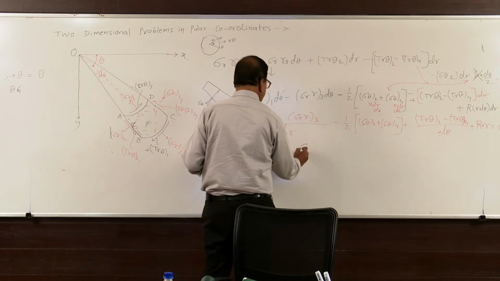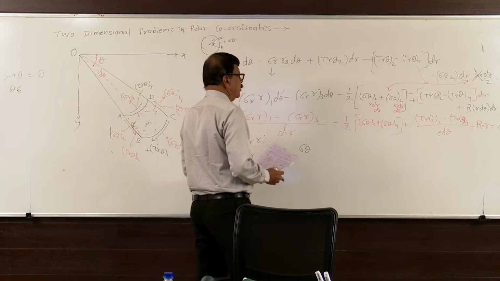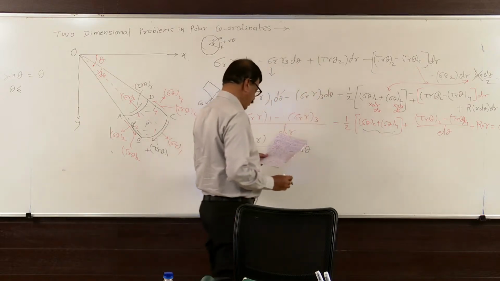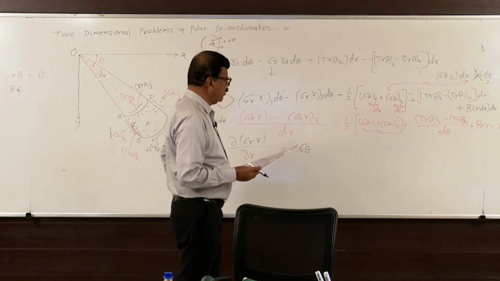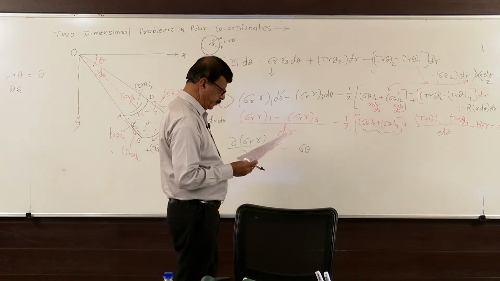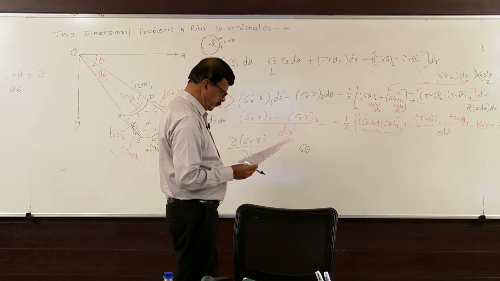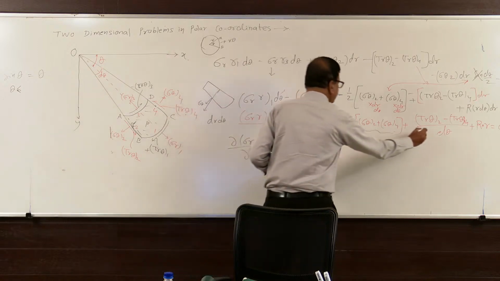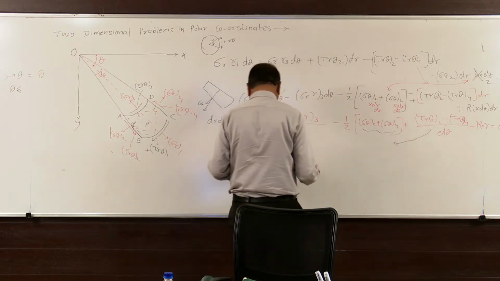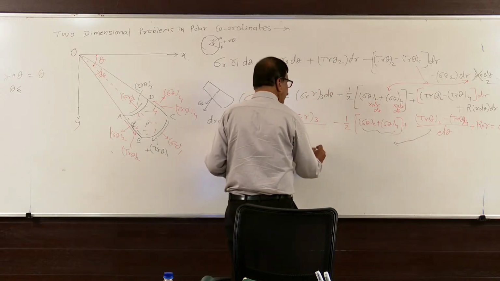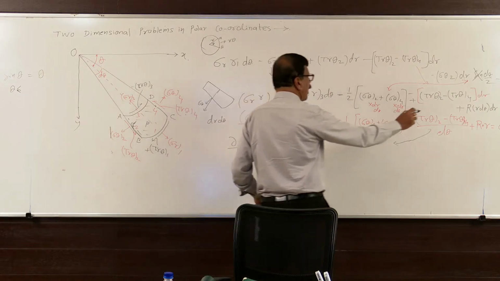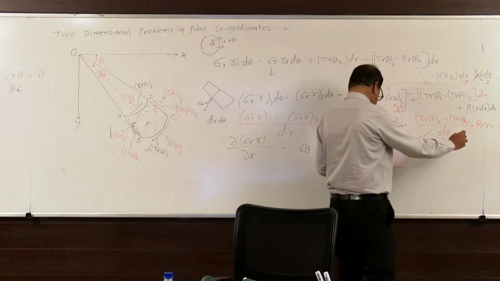The second is the average of this, which is theta. The third is, again we divide by the r, small r.